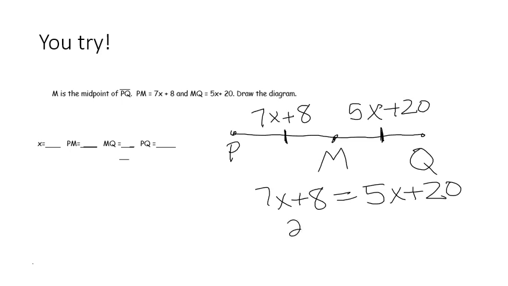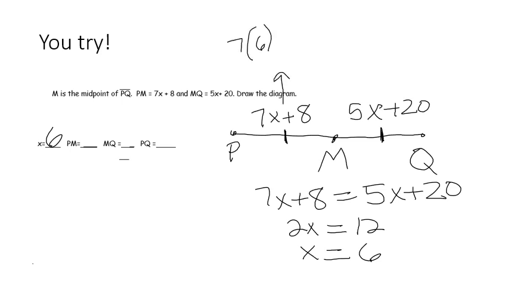We don't have a whole here. So when we solve, we'll get X is 6. Now if we want to know what PM is, we'll substitute 6 for X, which will be 42 plus 8, which is 50.